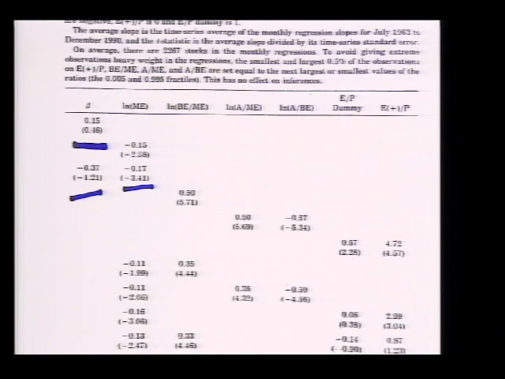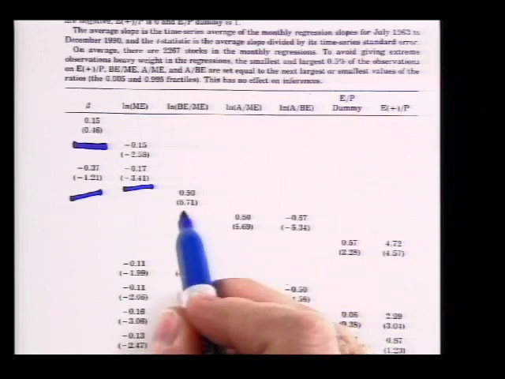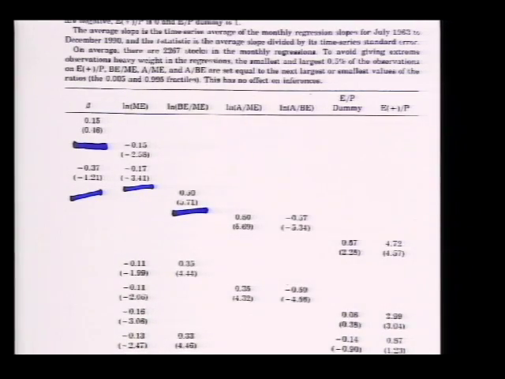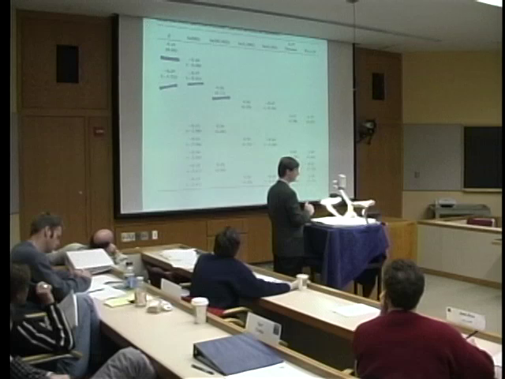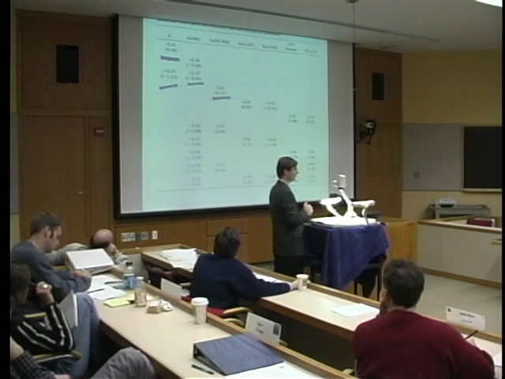Then when they put the book to market ratio in, the T ratio is enormous, 5. And then they've tried some other stuff over here. But notice as you march down this column, they don't even try the beta anymore because it's gone. They don't even report how beta does against some of these other combinations. So what they're doing is explaining the cross-section of expected returns, and they find that the beta just doesn't come in.